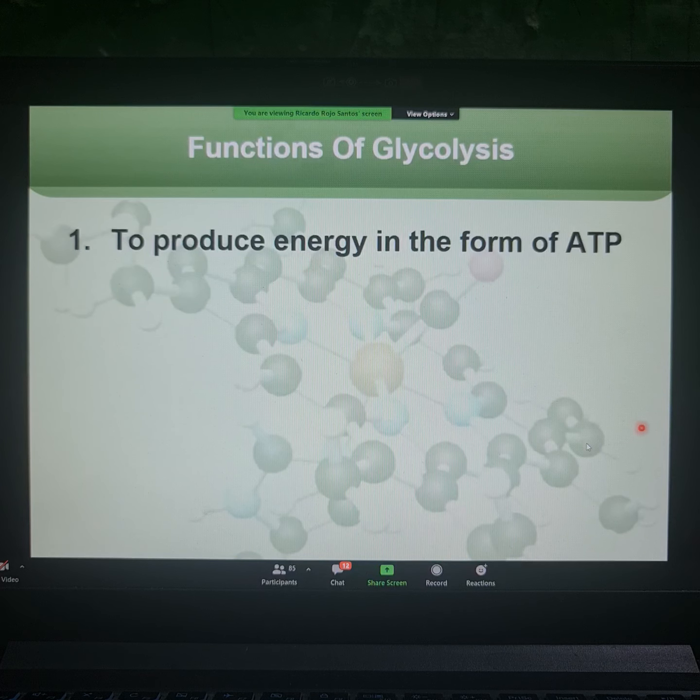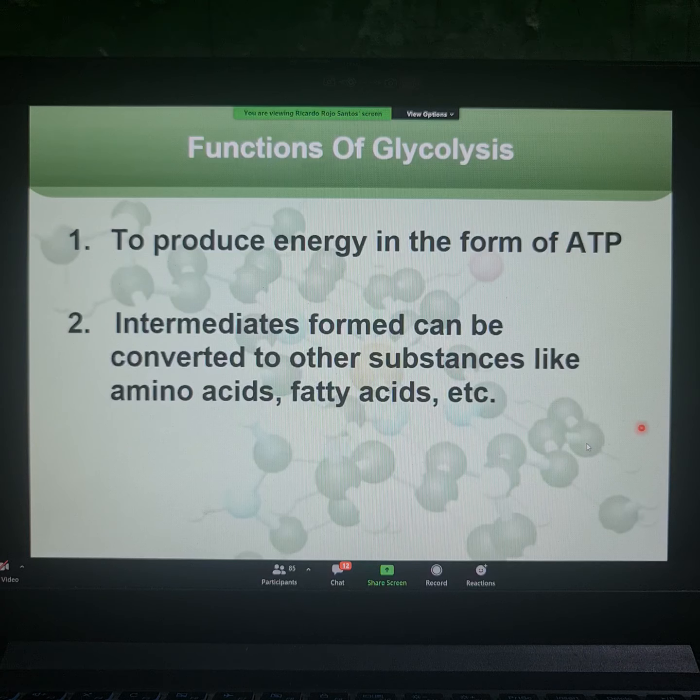So what are the functions of glycolysis? Well, I said that already before, repeatedly, to produce energy in the form of ATP. Number two, intermediates formed can be converted to other substances like amino acids and fatty acids and other substances.